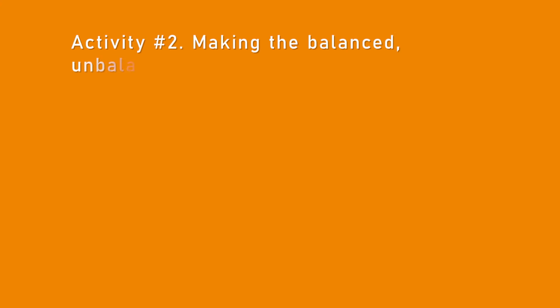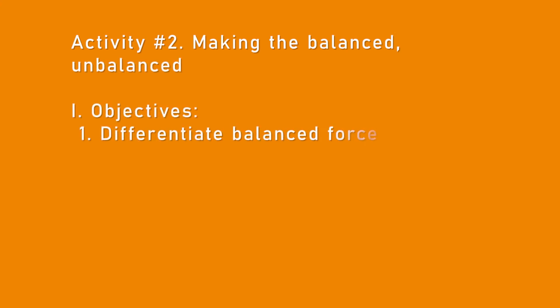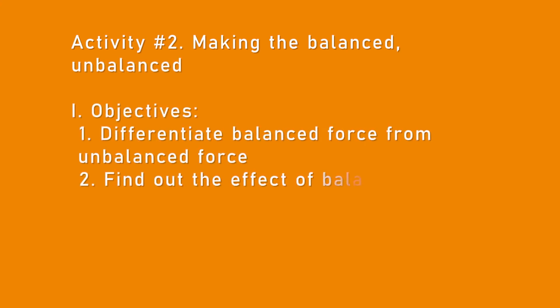Let us explore the concepts by performing activities. In our first activity, you are going to see videos about a game of 2 teams. But try to read first our objective for this activity.